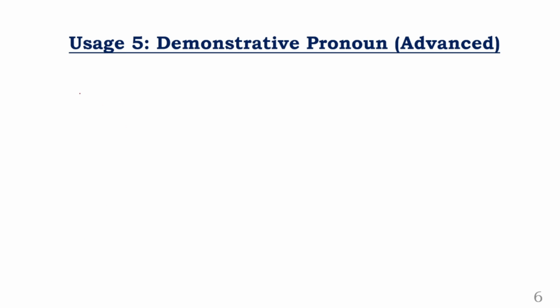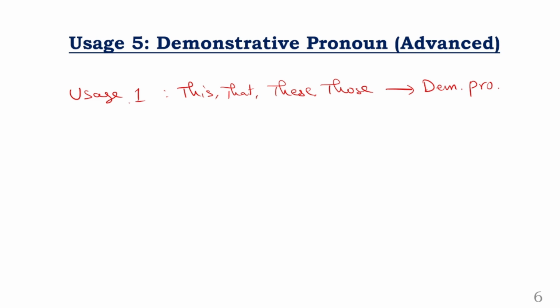Okay, so usage number 1. The words this, that, these, and those. All these words function as demonstrative pronouns. Next, usage number 2. Only the word that functions as relative pronoun.